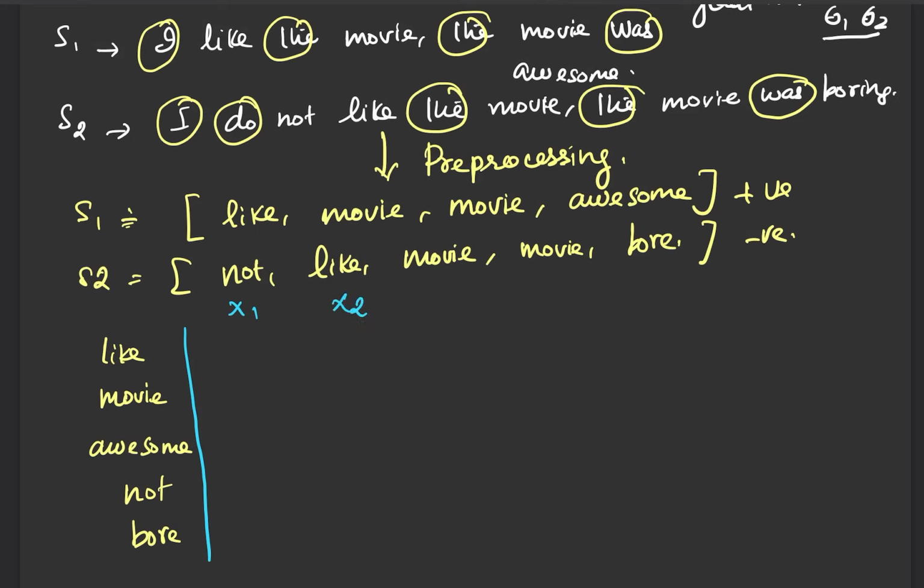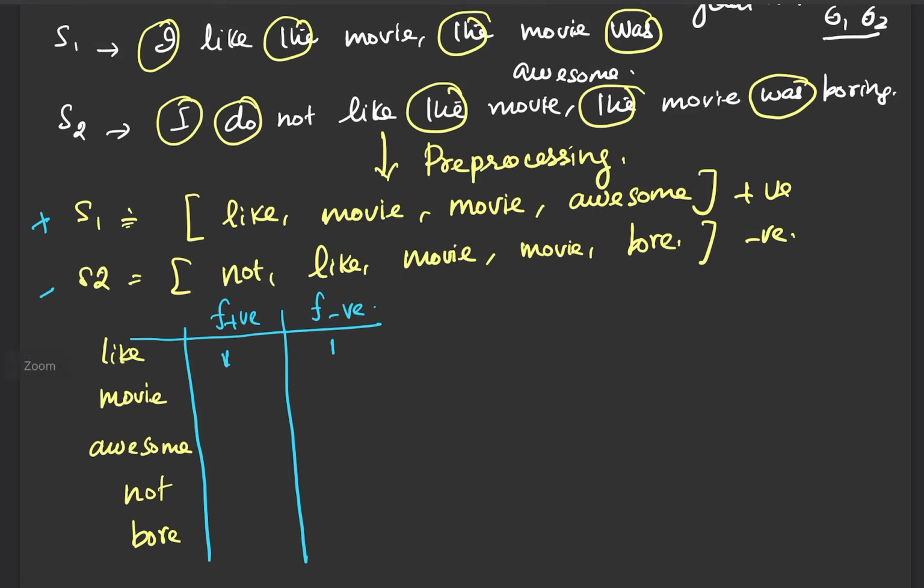This is not x1, this is just a frequency count. This is frequency with respect to positive, this is frequency with respect to negative. We'll see how many times each word appeared in the positive sentence; the first one is positive, this is negative. Like appeared one time in positive and one time in negative.